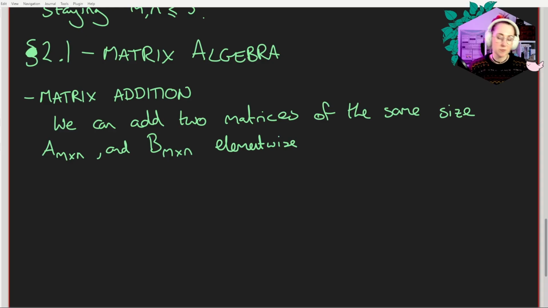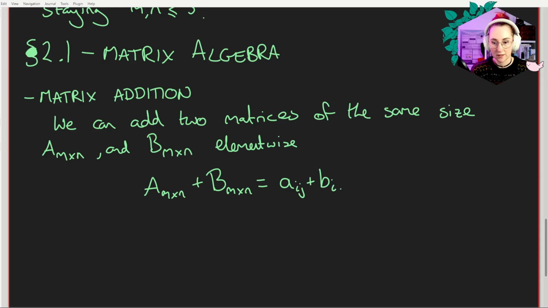Element-wise means each one of those aij's that I was writing, or in vector form ai's, those are the elements of the vectors or the matrices. So A plus B is just aij plus bij.